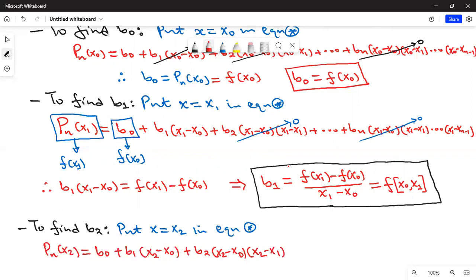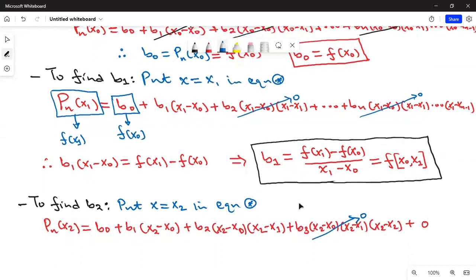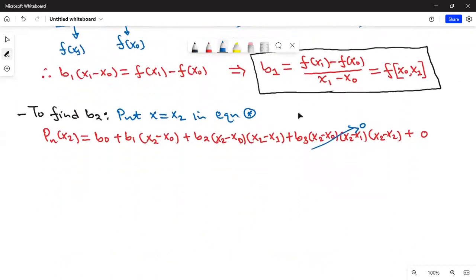Remember the other terms will be zeros because there will be x2 minus x2 somewhere. Let's say if we have b3, b3 will be times (x2 minus x naught)(x2 minus x1)(x2 minus x2). That is 0, plus the other terms will also be zeros. So I only need up to b2. Why am I saying 0? Because it's x2 minus x2. That is 0, and 0 times any other value is 0.